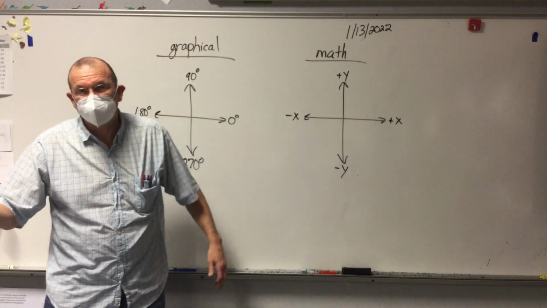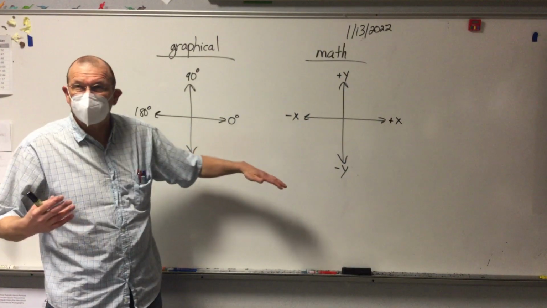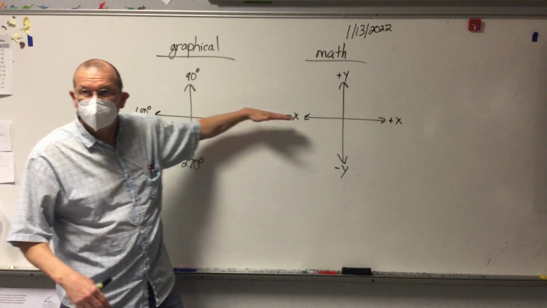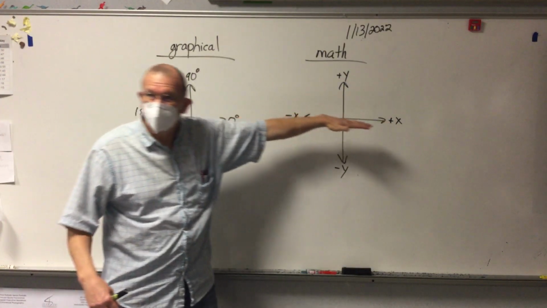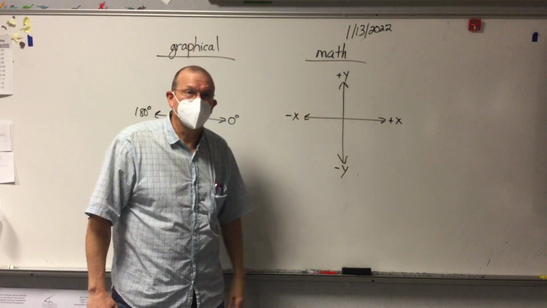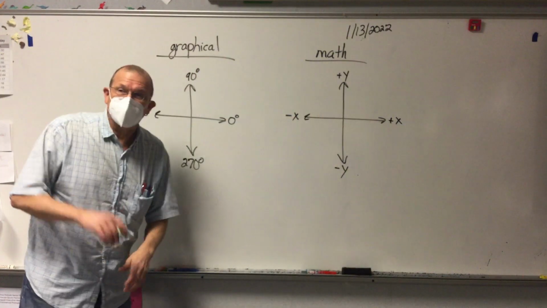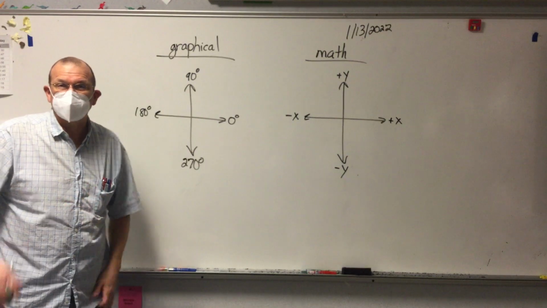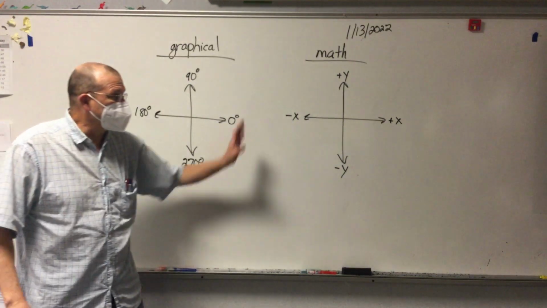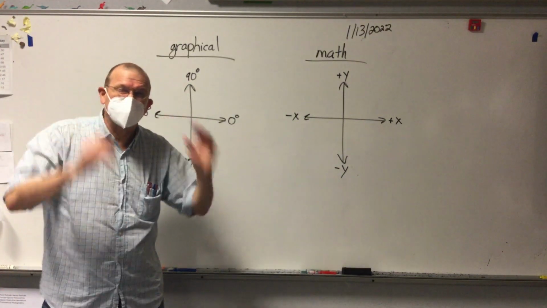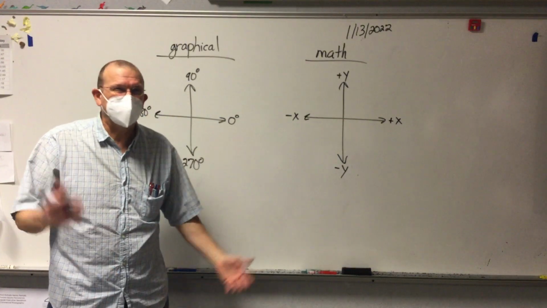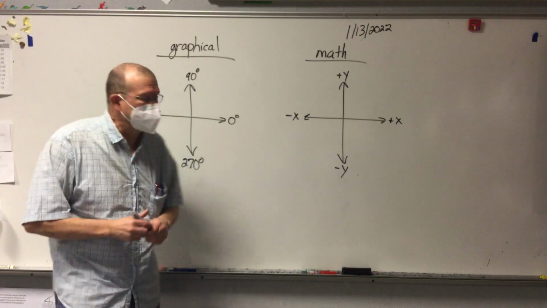If I remember properly, I is the horizontal and J is the vertical. I'm not going to use that terminology, but hopefully, if you have any recollection of that, you'll go, oh, that's exactly what we did in that class.